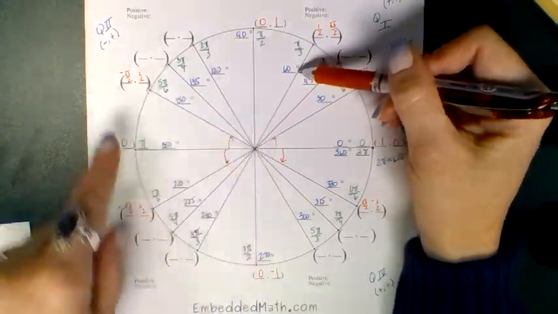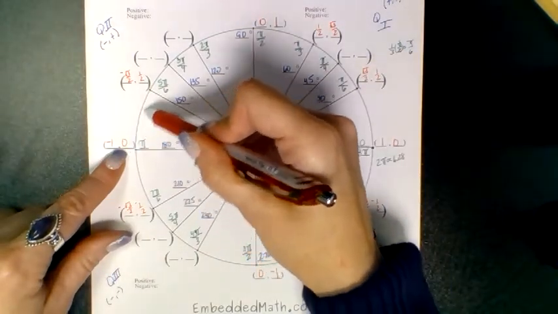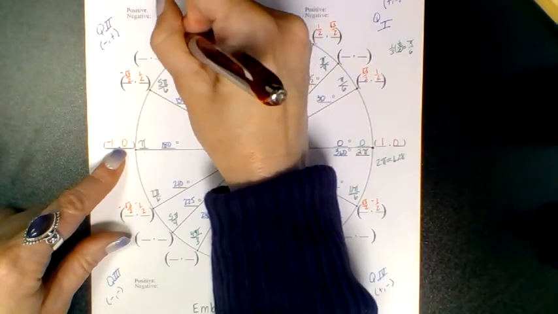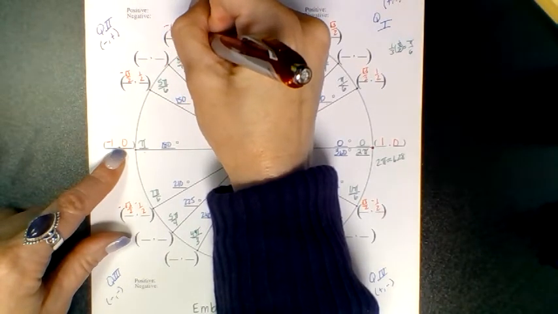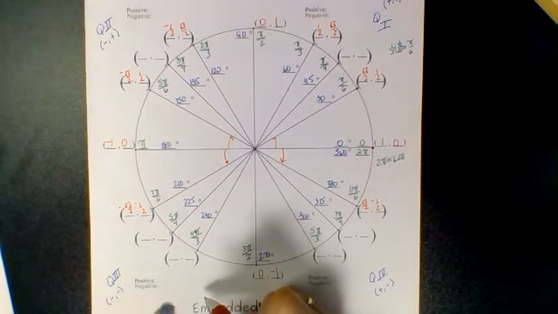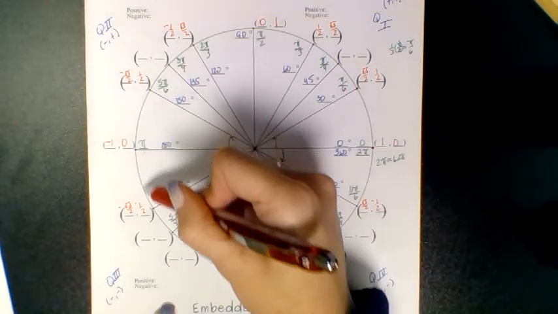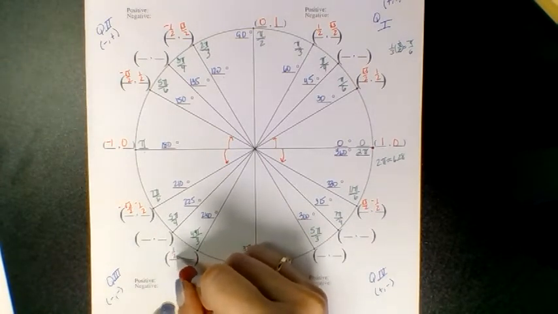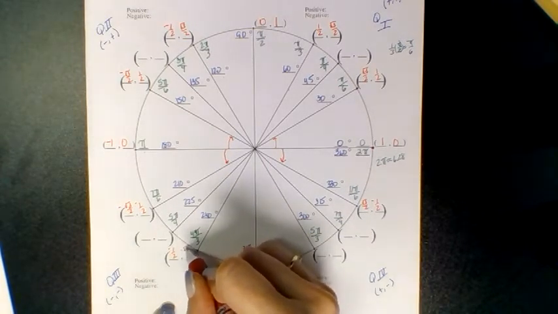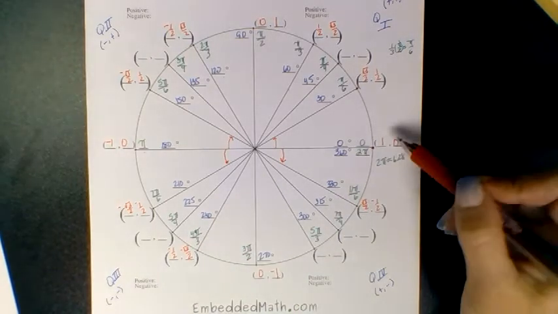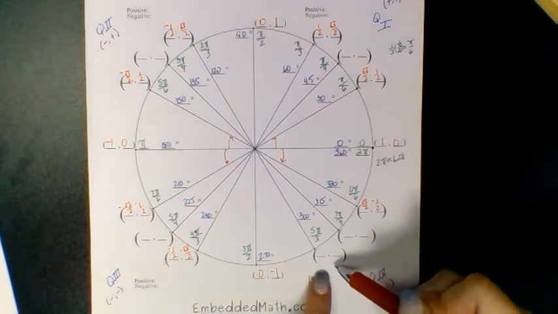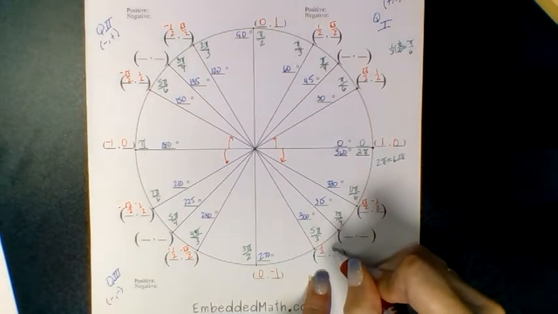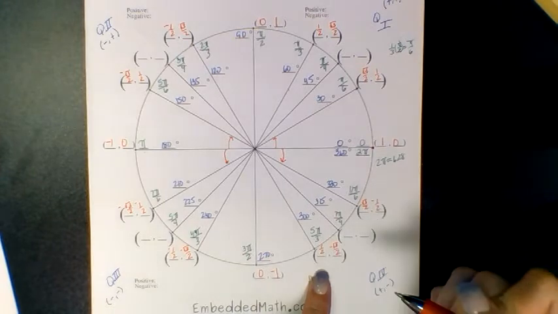So my 60 degree angle, in quadrant 2, the angle that is 60 degrees from the x-axis is 120, or 2 pi thirds. So negative 1/2, square root 3 over 2. Quadrant 3, the angle that is 60 degrees away from the x-axis is 240, or 4 pi thirds. So negative 1/2, negative square root 3 over 2. In Quadrant 4, the angle that is 60 degrees from the x-axis is 300 degrees, or 5 pi thirds. So I fill in a positive 1/2, a negative square root 3 over 2.